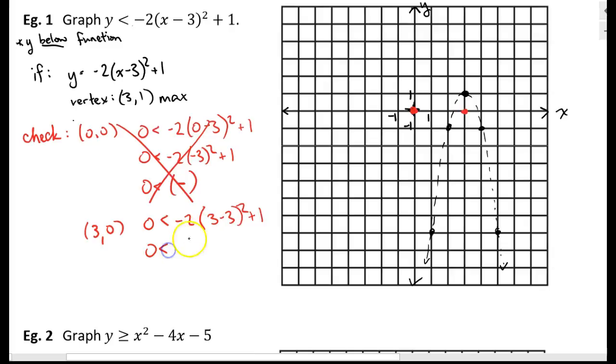So 0 is less than negative 2 times 0 plus 1. Well, that's 0, so positive 1 is greater than 0, or 0 is less than positive 1. Well, that is true, which means that when I go to decide outside or inside, my inside point worked. So I'm going to shade inside my parabola. Done.